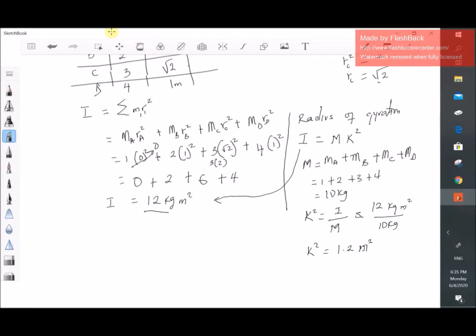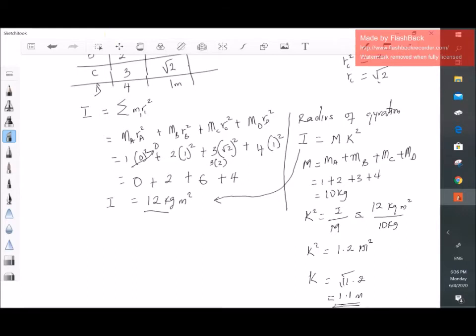So my k becomes root 1.2. So that gives us 1.1 meters.